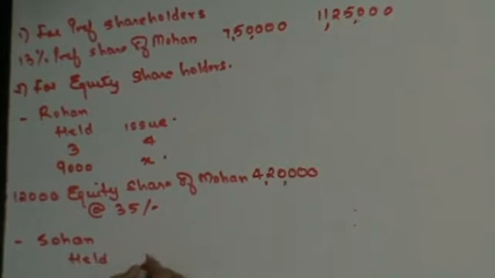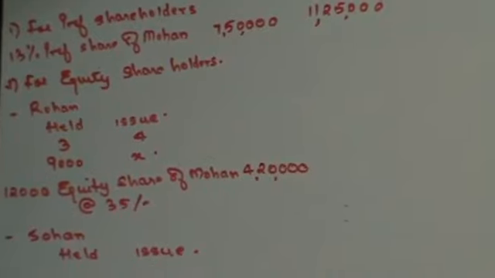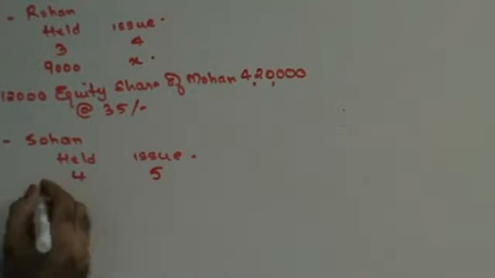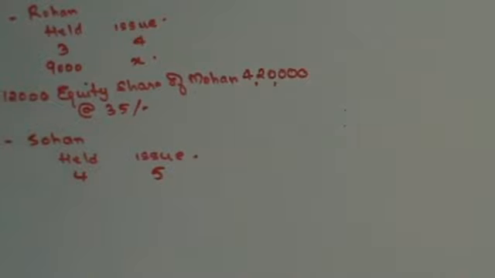Next, in the case of Sohan, they are saying that Mohan will issue 4 equity shares for every 5 shares held in Sohan. Now let us assume how many shares there are. They are saying that there are 15 lakhs, so that means there will be 15,000 shares.